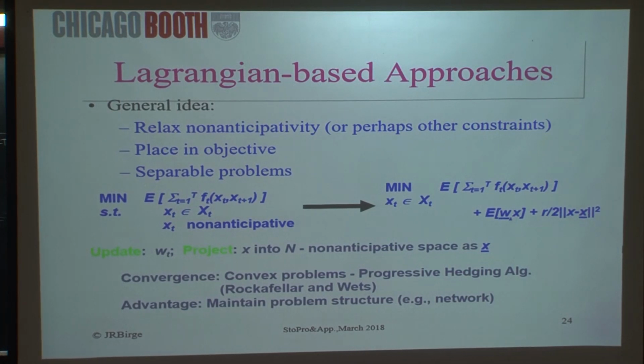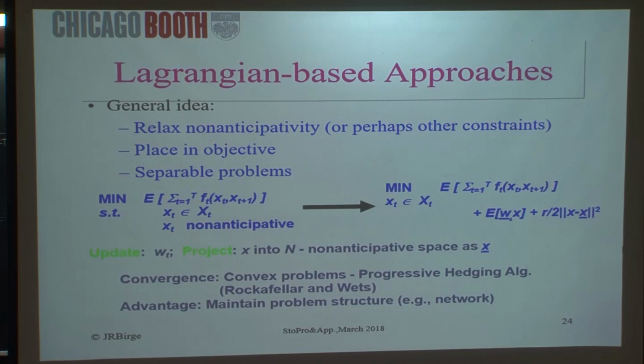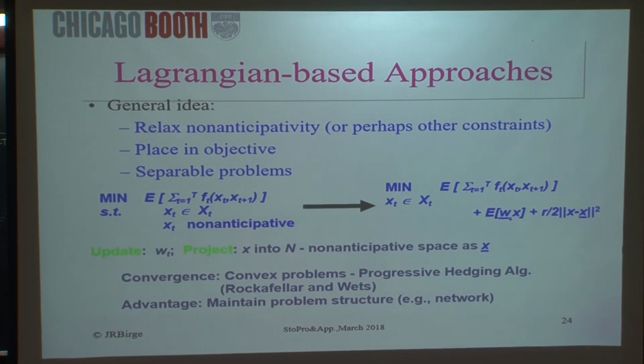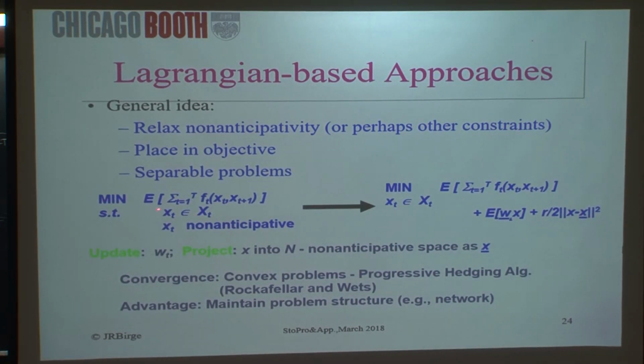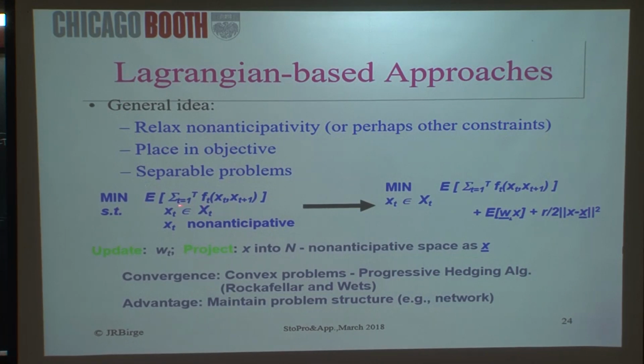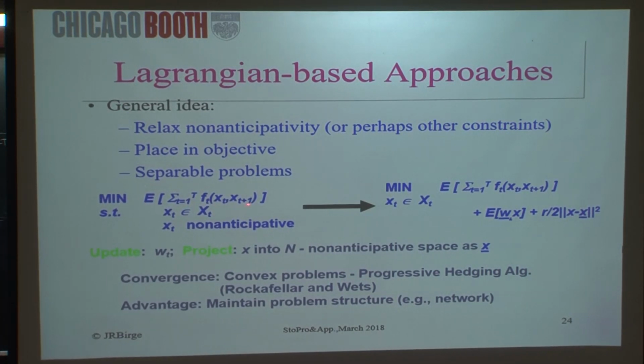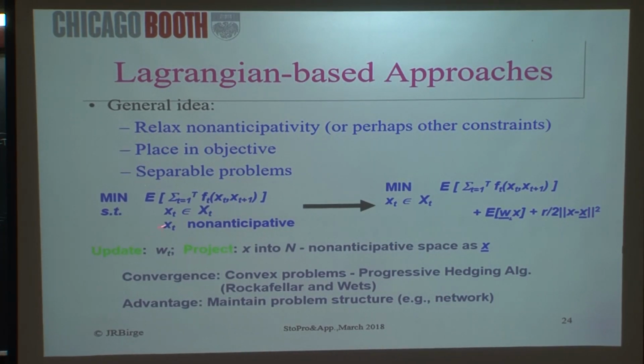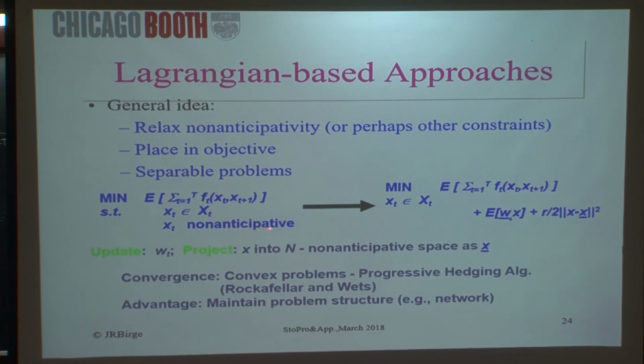Solving for a given sample path could be good because it might have a particularly easy form of the problem for optimization. So I'd like to relax these complicating constraints, the non-anticipativity constraints.